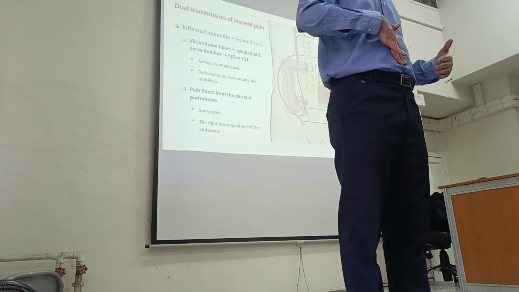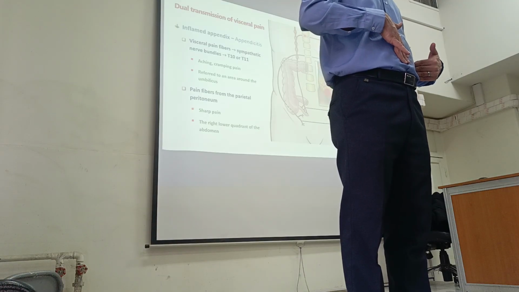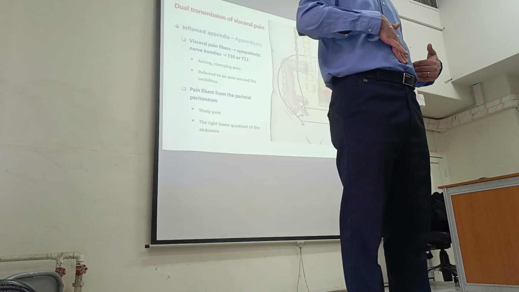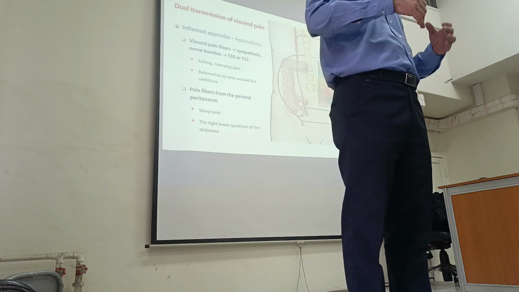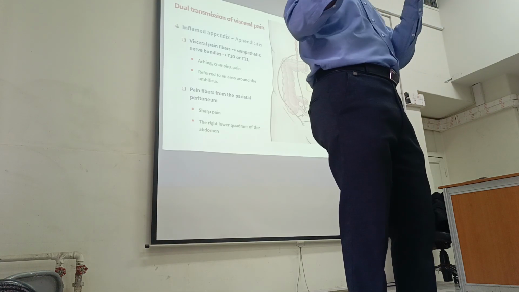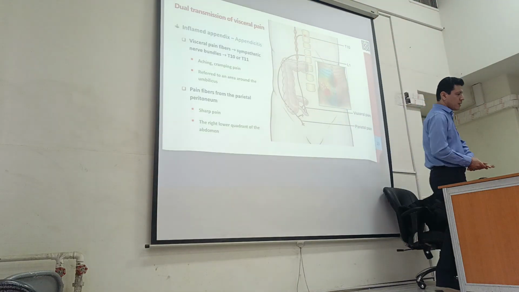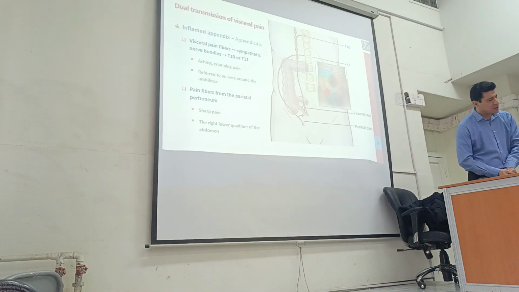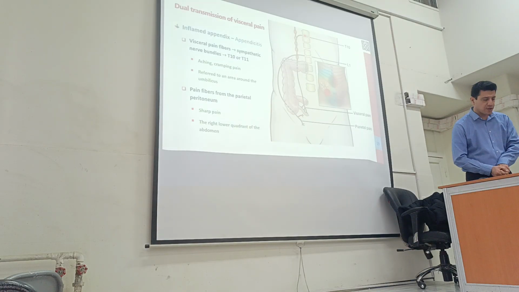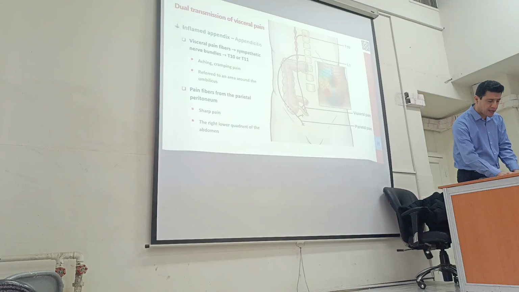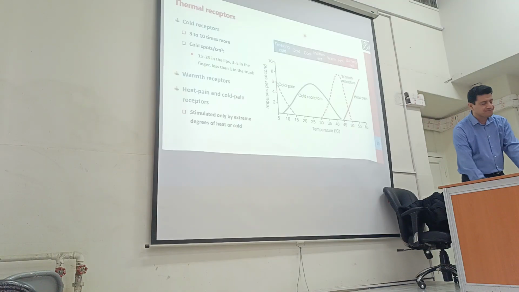So here is painful, here is also painful. The pain here is sharp, but the pain here is dull. Dull means aching, right? So this is an example of dual transmission of pain, parietal pain and visceral pain.